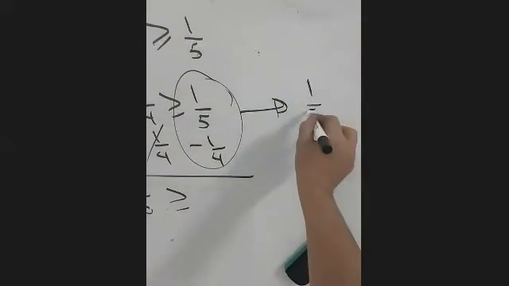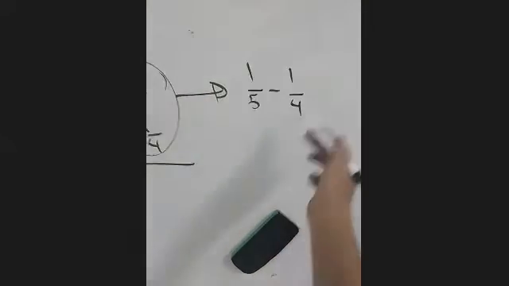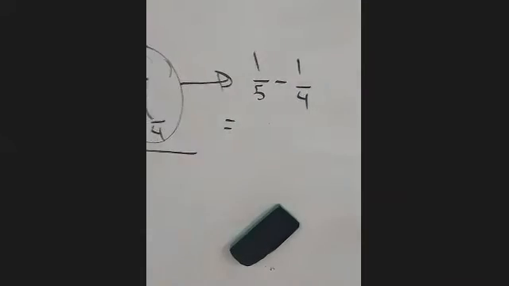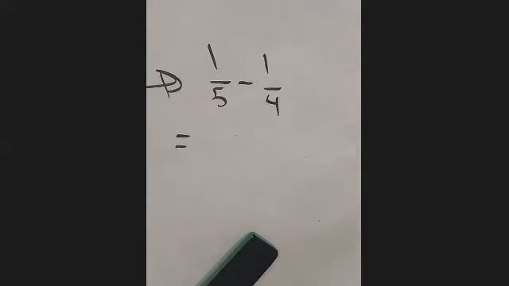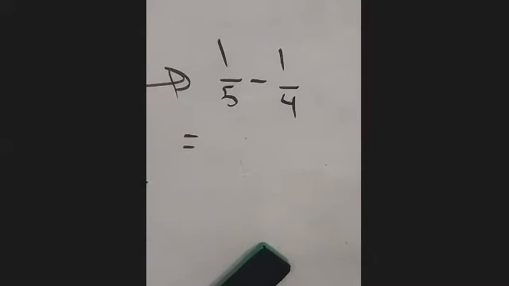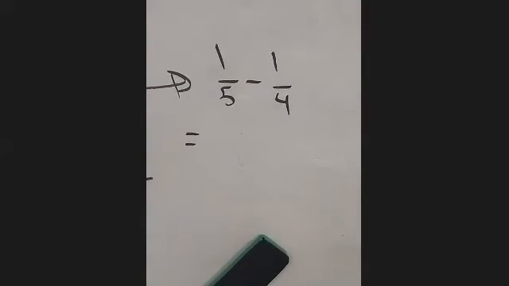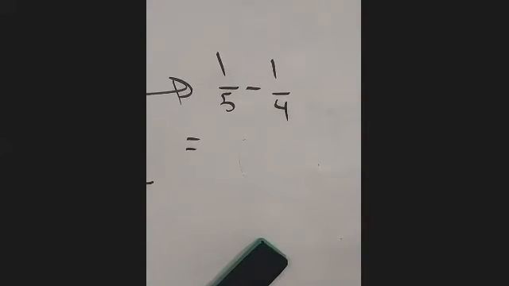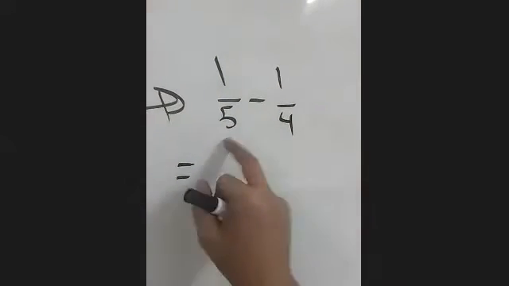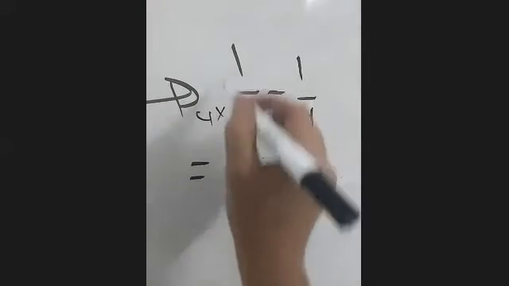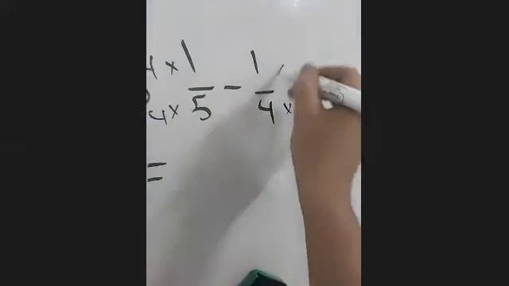1 over 5 minus 1 over 4. How do we subtract fractions? We make the denominators the same. Here multiply by 4 up and down, and here multiply by 5 up and down.